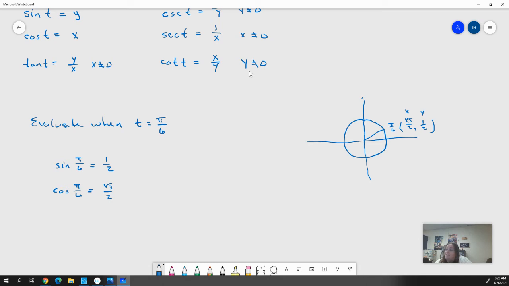But what about tangent? Tangent of pi over 6 is sine over cosine, or y over x. So it would be 1/2 over radical 3 over 2. Cannot leave it that way. I have to evaluate it.